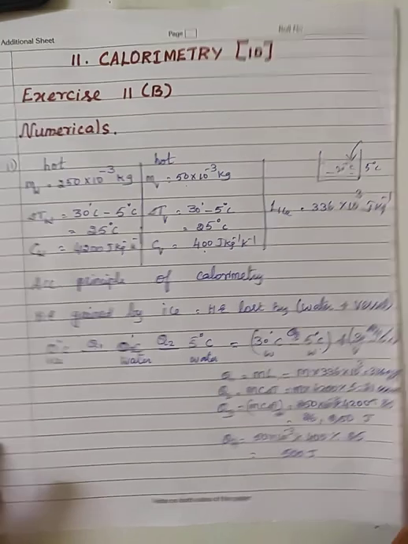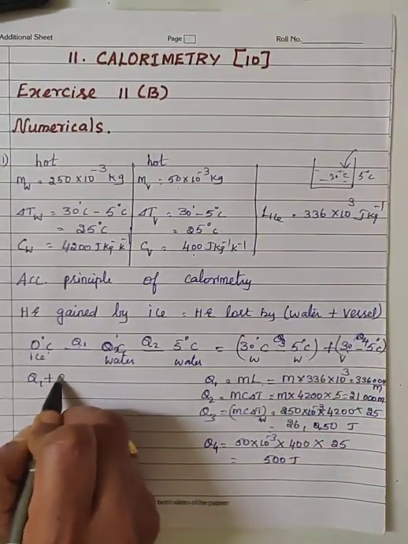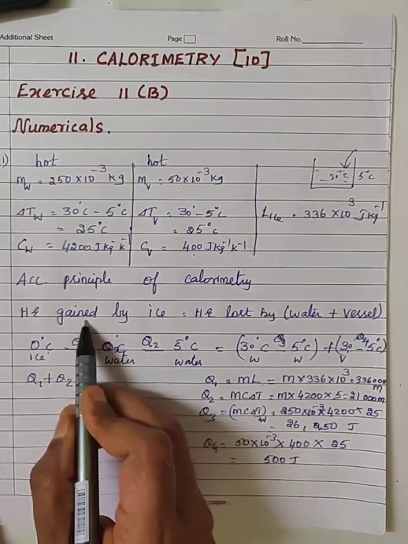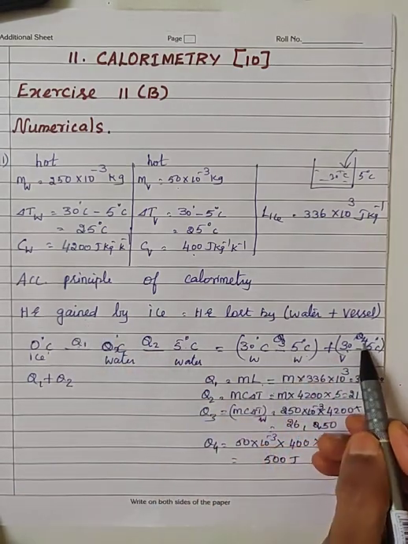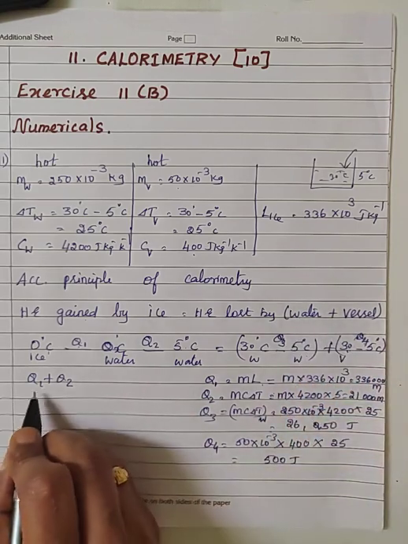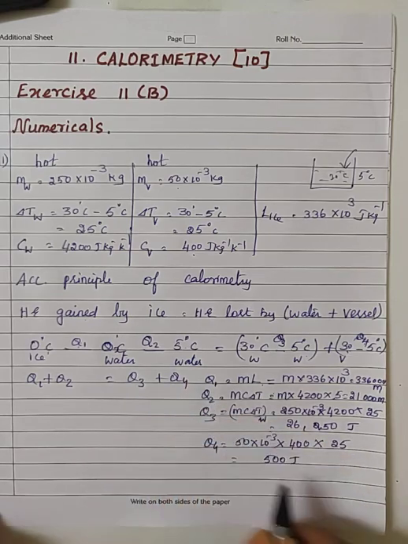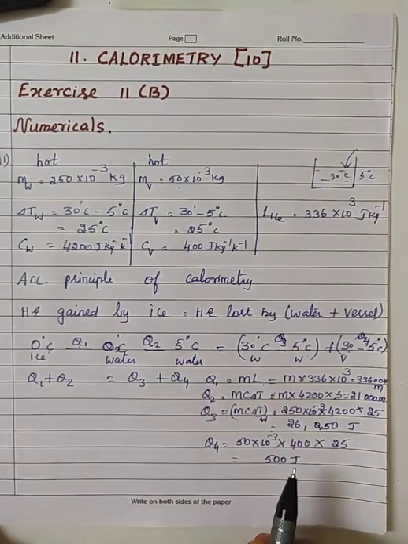Now substitute in Q1, Q2, Q3 and Q4. Q1 plus Q2 is the amount of heat energy gained by ice. Q3 and Q4 are the amount of heat energy lost by water and vessel. So Q1 plus Q2 is equal to Q3 plus Q4. Substitute for Q1, Q2, Q3 and Q4.